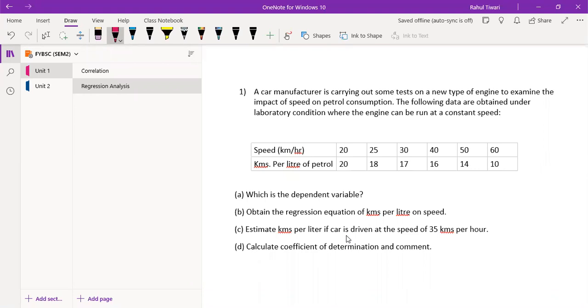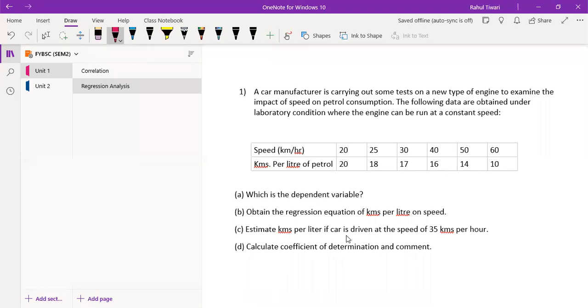If the speed is 25 per kilometer, then it will be around 18 kilometers per liter, and so on.